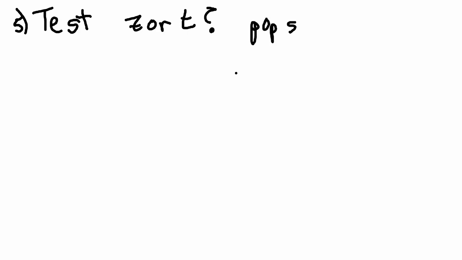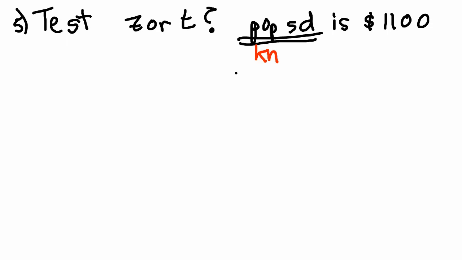Okay, my step 5 is, what test is this? Is this a t-test or a z-test? Well, if you remember in the problem, it said the population standard deviation is 1100. So we know the population standard deviation. Since this is known, it's a z-test.